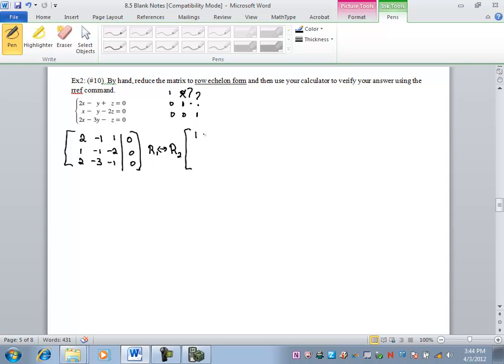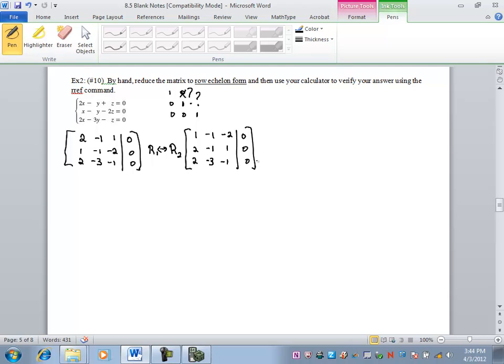Row 1 now becomes 1, negative 1, negative 2, and 0. Row 2 becomes 2, negative 1, 1, and 0. And row 3 stays 2, negative 3, negative 1, and 0. Okay.